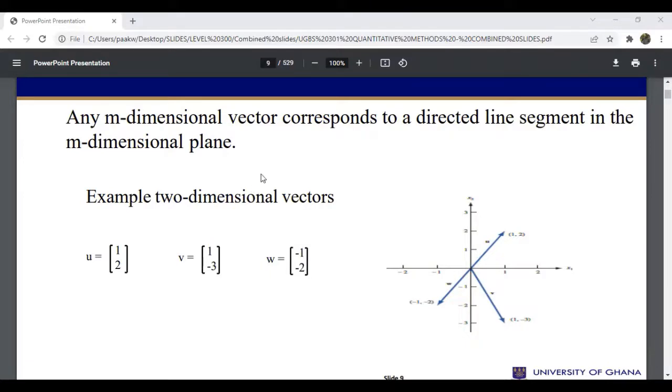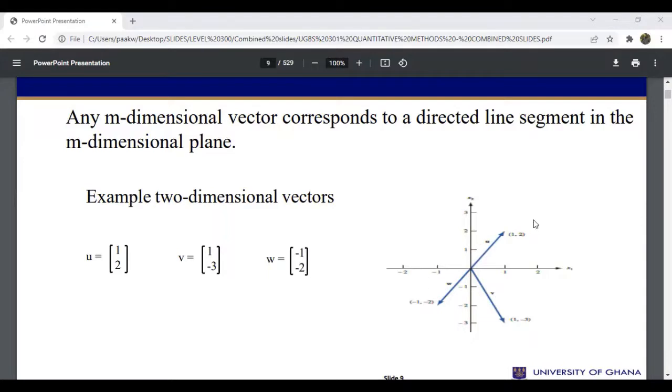If you remember back in JHS or SHS, when we reached rigid transformation, you were using things like this as our coordinates. This one represents the X, this one represents the Y to plot something on the graph.